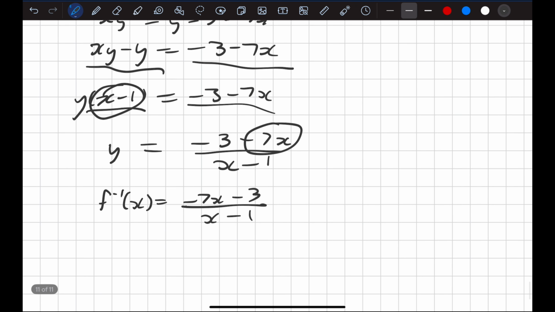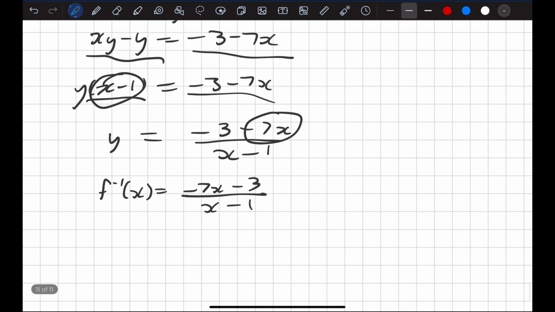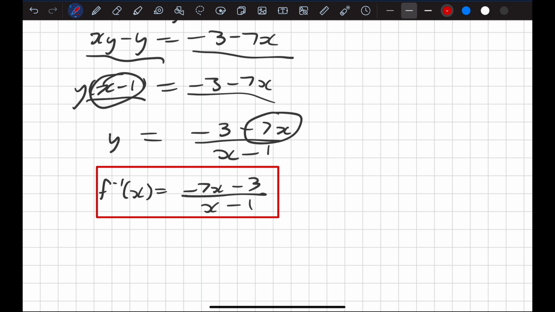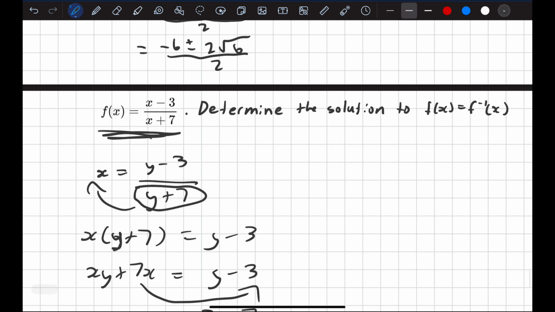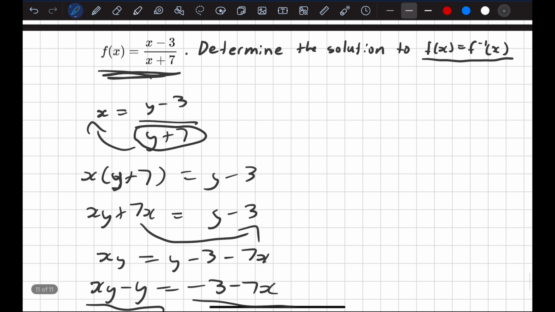All right. Now we can take our inverse equation and use that to answer the question. We need to see where the points are the same, or what x has to be for the points to be the same.